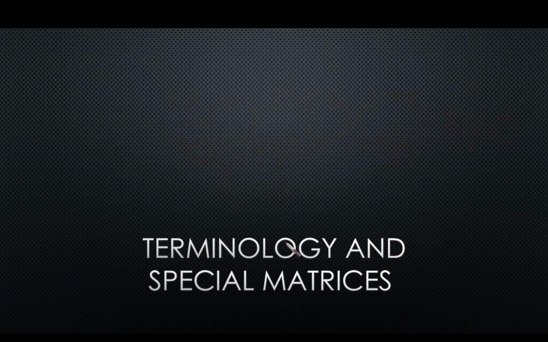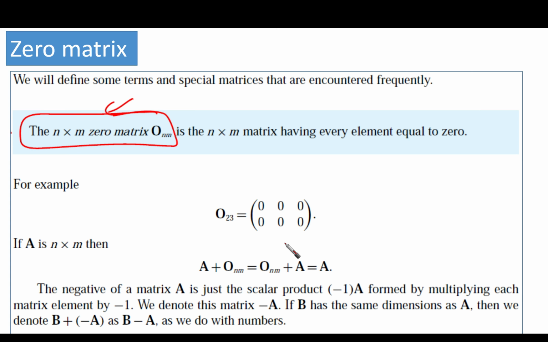Now let's go to the terminologies and special matrices. The zero matrix is something very easy and very simple for all of us. The n by m zero matrix, which we call O n by m, is an n by m matrix having every element equal to 0. For example, O 2 by 3 is 2 by 3.